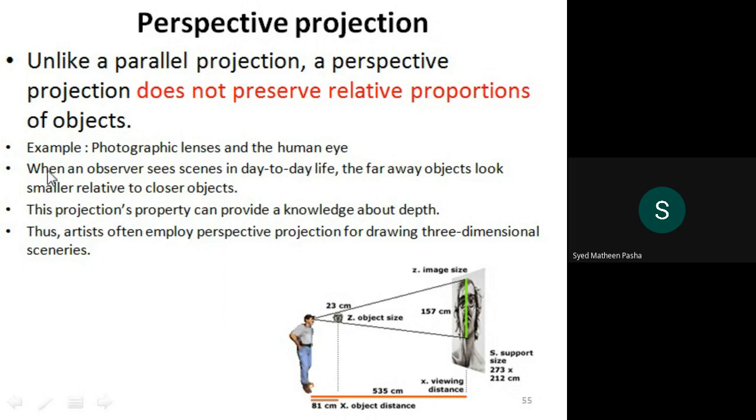Whatever point is specified here basically tells you the depth of the human eye or the depth of that particular image as well. So we can employ some projection for drawing 3D scenarios with respect to the depth of the object as well as the depth of the observer. Some properties can be observed with respect to three-dimensional scenes.